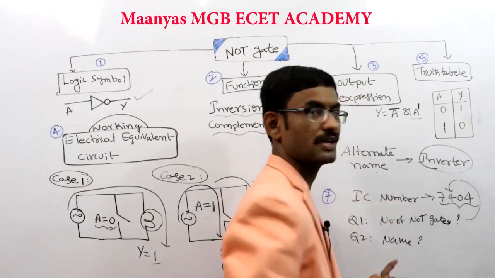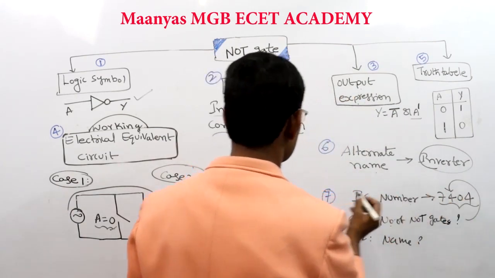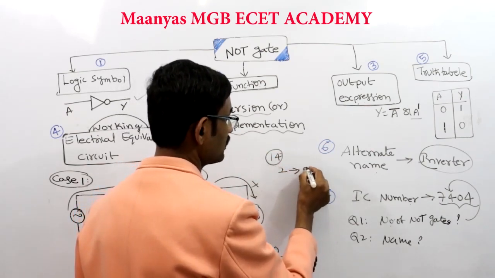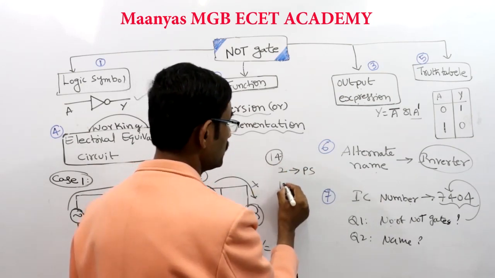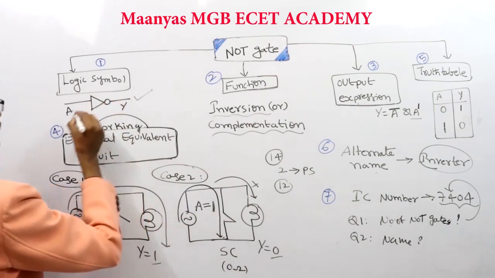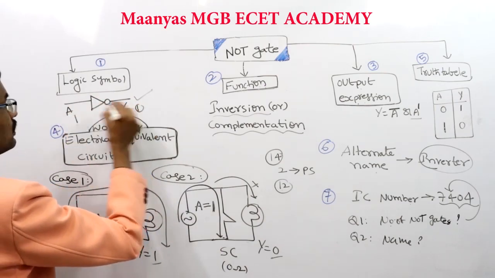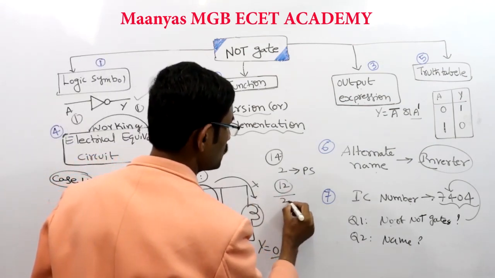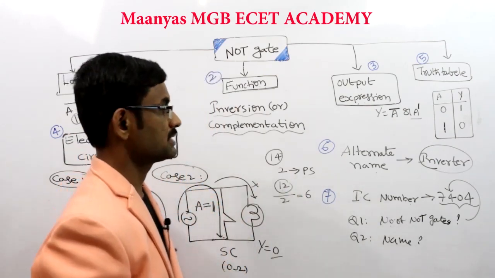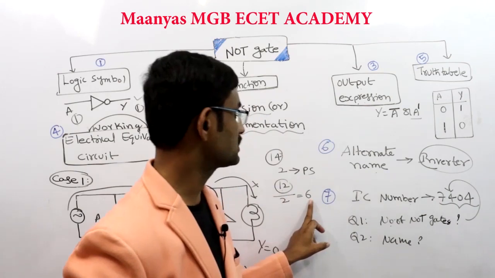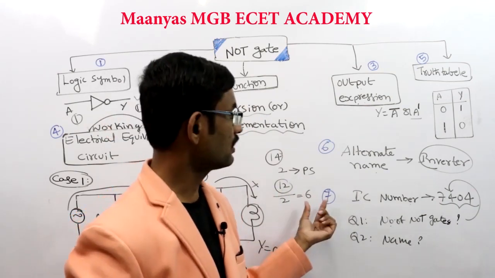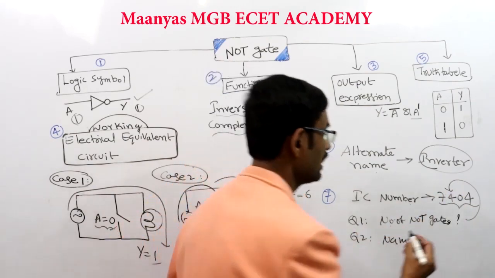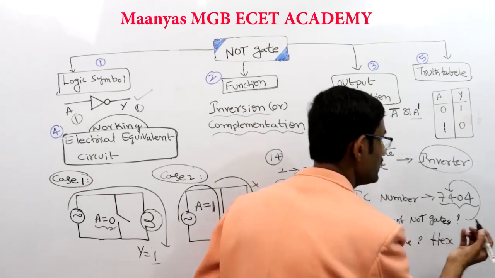Yes, the 7404 IC has a total of 14 pins. Out of these 14 pins, 2 pins are reserved for power supply. The remaining 12 pins are there. One NOT gate has 1 input and 1 output, so totally 2 pins are required for 1 NOT gate. Here 12 divided by 2 is equal to 6. In the 7404 IC, 6 NOT gates are available. Since 6 NOT gates are available, the name of the IC 7404 is a hex inverter. Hex means 6.